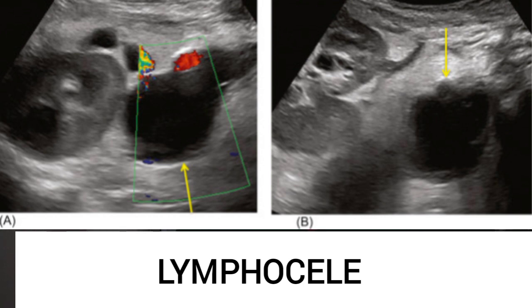Some small lymphatic vessels remain open, and over a period of time they form this fluid mass. In time, these vessels will anastomose and the fluid collection will be reabsorbed. But sonographically, most lymphoceles are anechoic cystic masses or anechoic loculated fluid collections located near the surgical site. Internal debris and septations may be seen and are indicators of hemorrhage or infection. Leg swelling on the same side will suggest lymphocele.